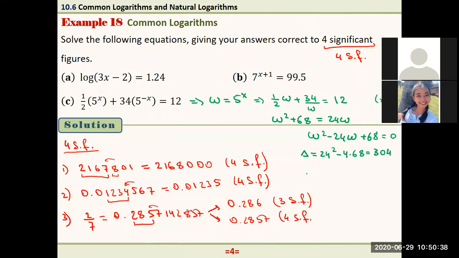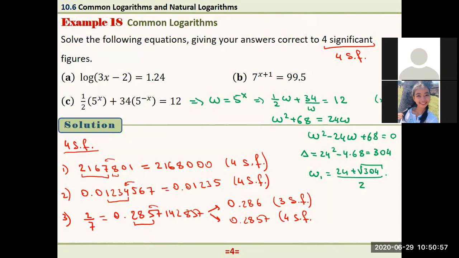So W1 equals negative b, that is 24, plus square root of discriminant 304, over 2 times a. a is equal to 1, so here we have 2, right?